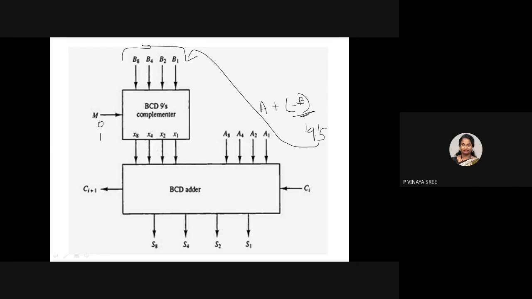And until this part, what we discussed for BCD, this is your BCD adder. Again, in this also you will have two 4-bit BCD adders. From this you will get Z, and from this you will get the sum. These are the sums. So in this way we will be doing BCD subtraction.